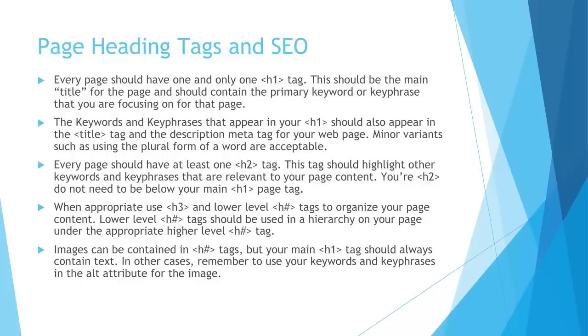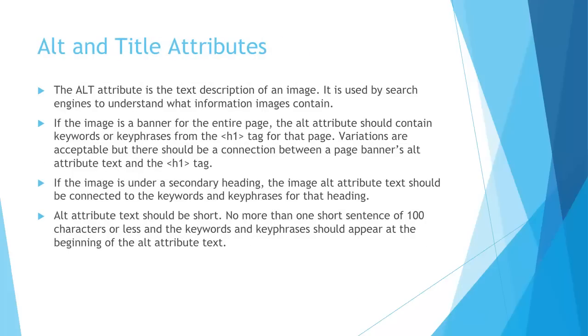So now let's go ahead and let's talk about two other elements, the alt attribute and the title attribute, and how you're going to go ahead and use those on your page. Now, the alt attribute is simply a text description of an image. And this is used by search engines to understand what information an image is conveying to somebody who's actually looking at your page.